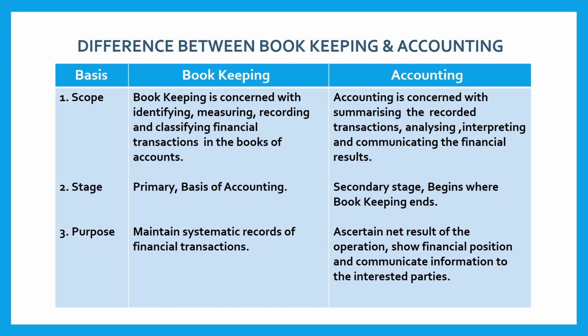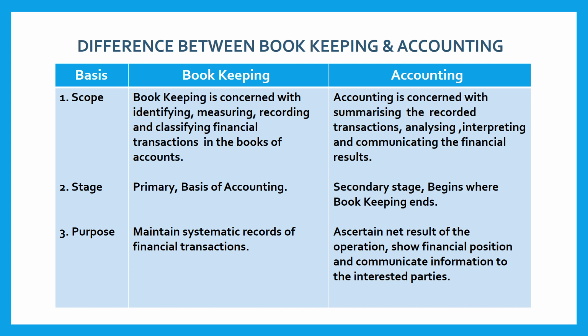Now the second difference is related to the stage. Bookkeeping is a primary stage. It is the base for accounting. It provides the base for accounting. Whereas accounting is the secondary stage. It begins from where bookkeeping comes to an end. And the third basis of difference is purpose.